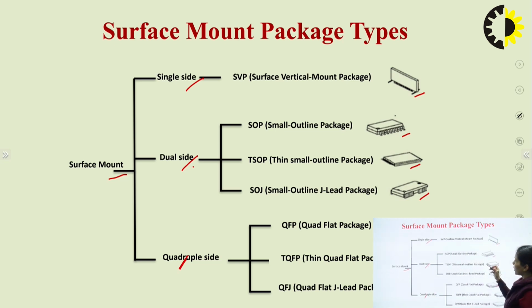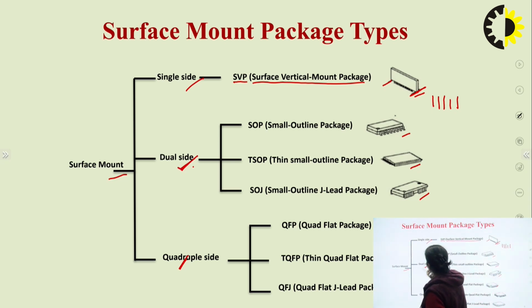In the single side packaging, the packaging style is SVP, the surface vertical mount package. As we can see, the pins are vertically mounted onto the printed circuit board, and this shows how the IC is attached onto the board.